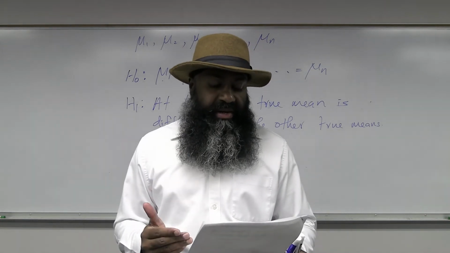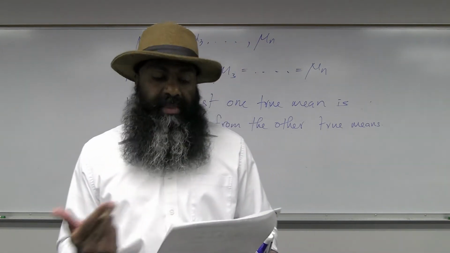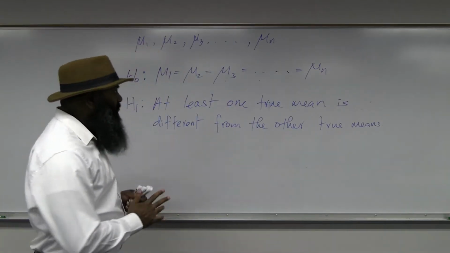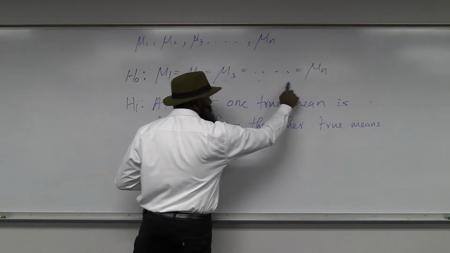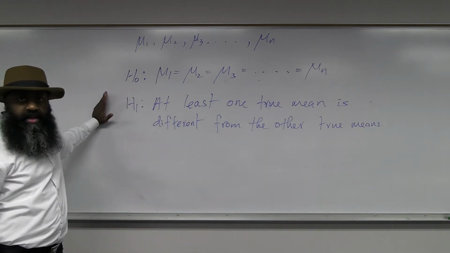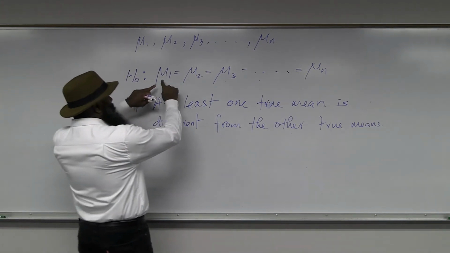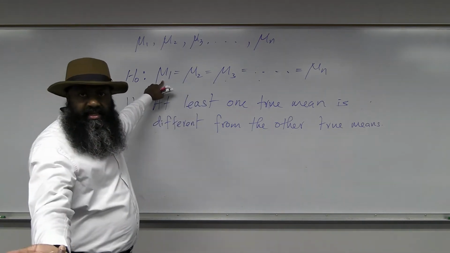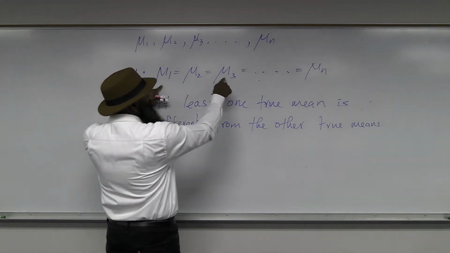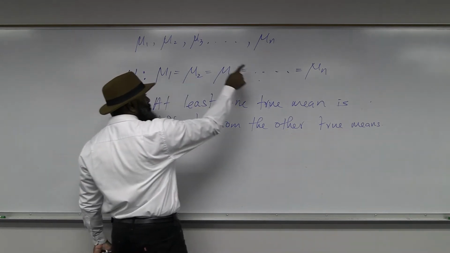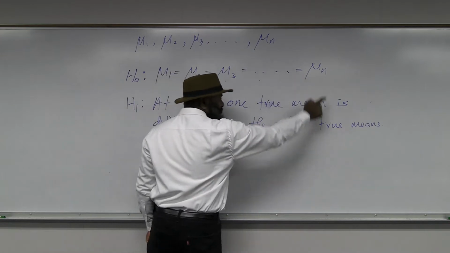Why a collection of t-tests is not recommended for multiple mean comparison. That means instead of writing all of these means to be equal to each other like that and writing down the alternative this way, what if I compare the 2 means, mu1 and mu2, using the 2-sample t-test? What if I compared mu1 and mu3 using the 2-sample t-test? Likewise, I can continue to do so, mu1 and mu4, up to mu1 and mu_n.